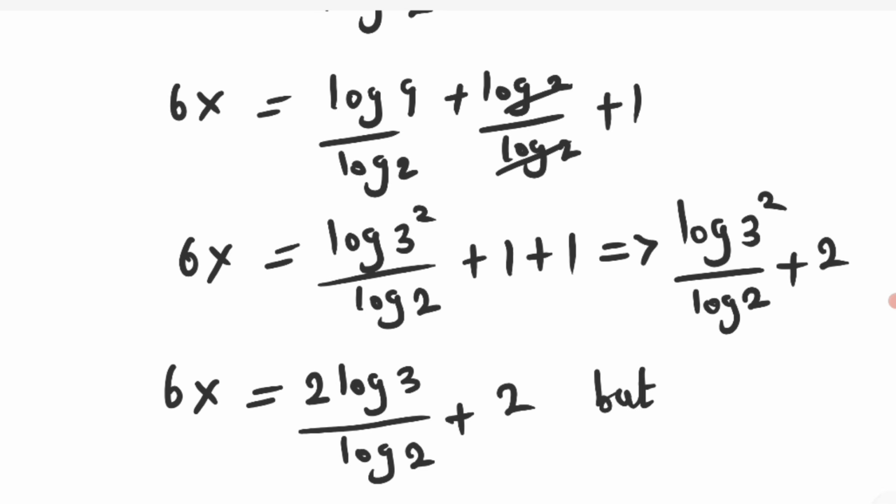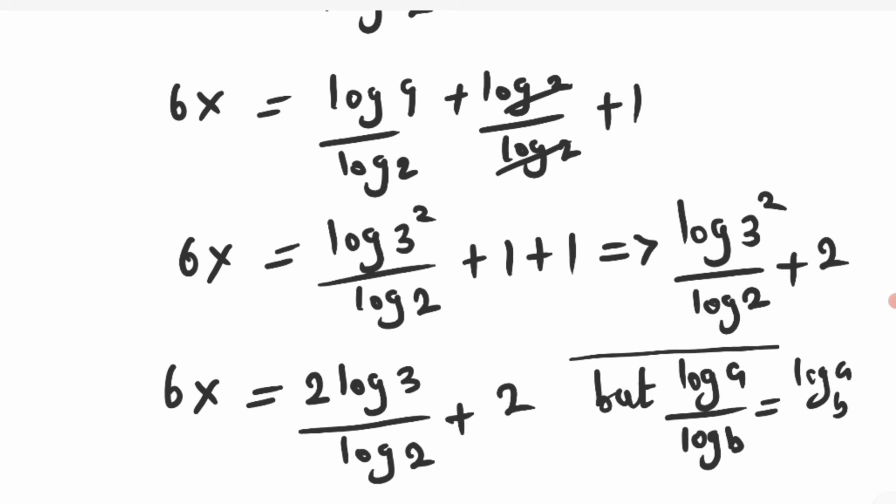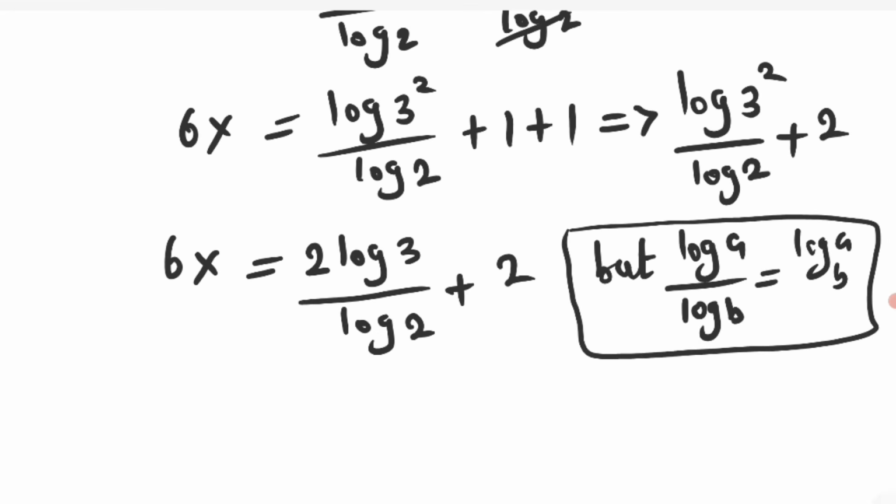But if you have log A over log B, this is equal to log A base B. Then 6x is equal to 2 log 3 base 2 plus 2.